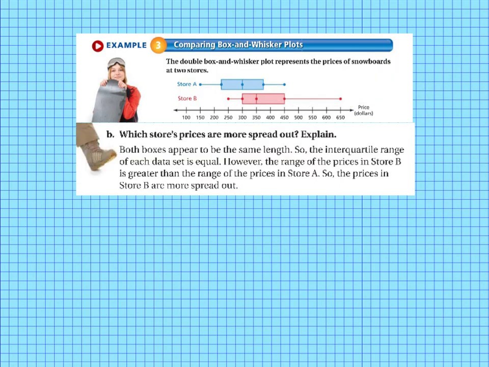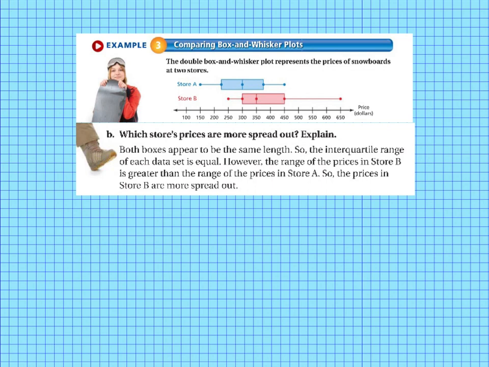Now we're going to compare those two, and it asks us which store's prices are more spread out, and explain. So both boxes appear to be the same length, so that means that the middle portion of the data is about the same for both stores. So in the book's words, it says the IQR of each data set is equal.